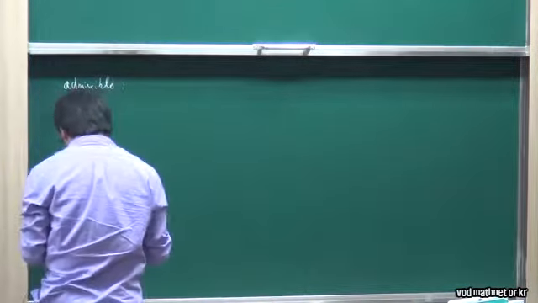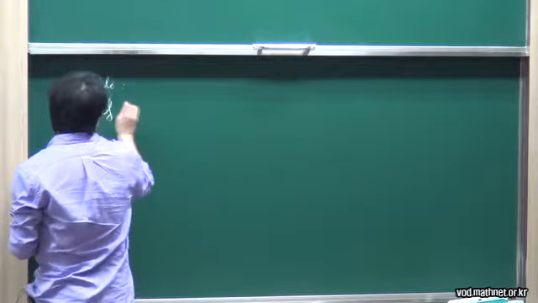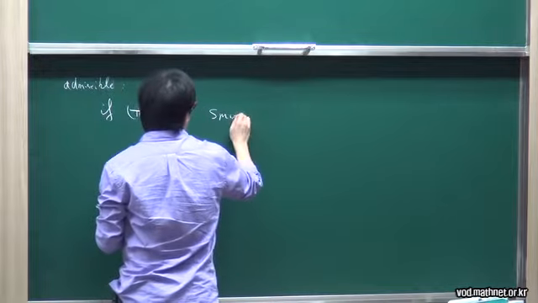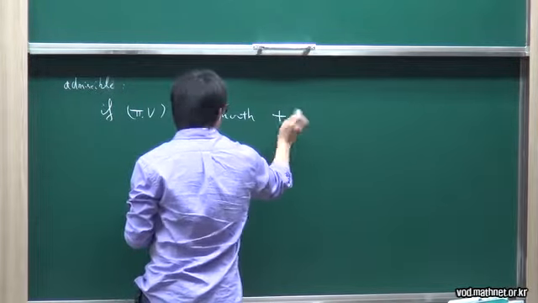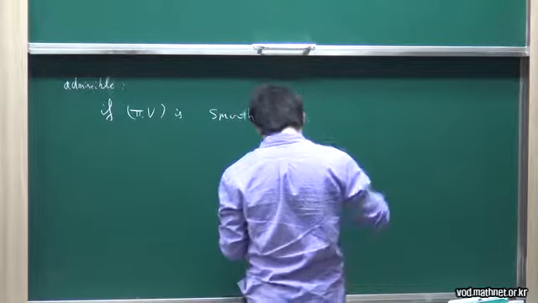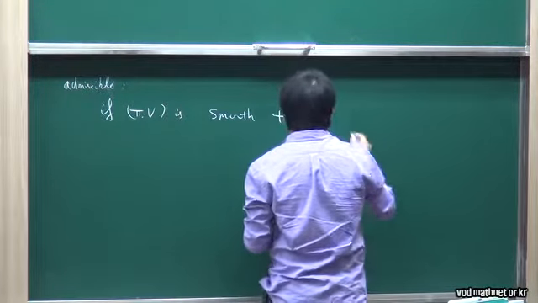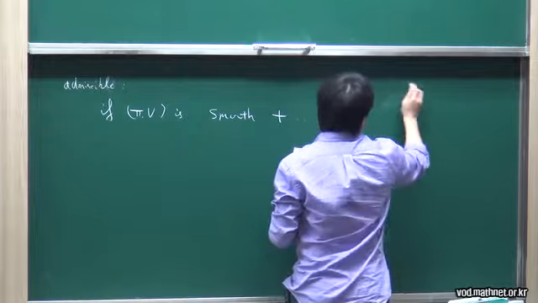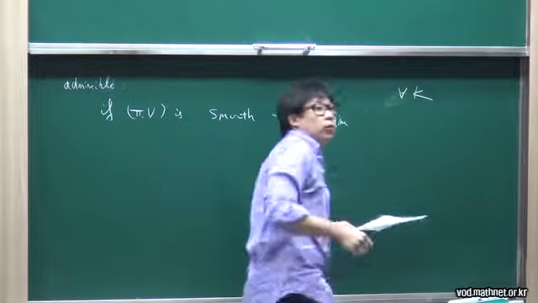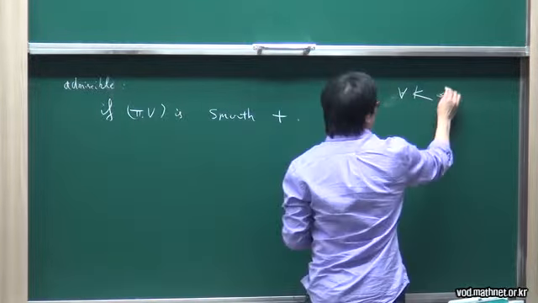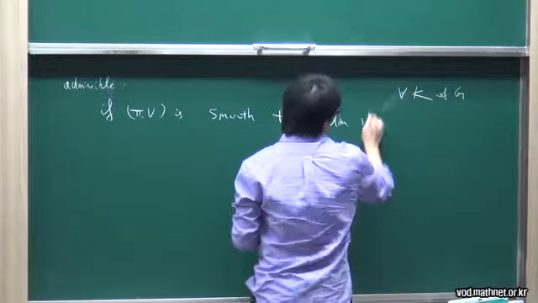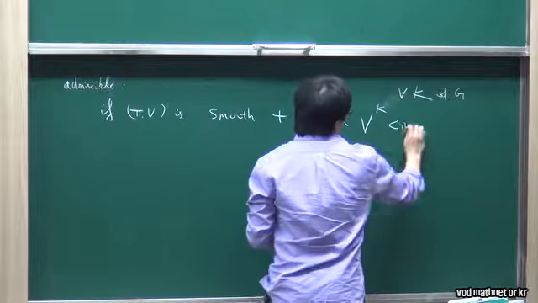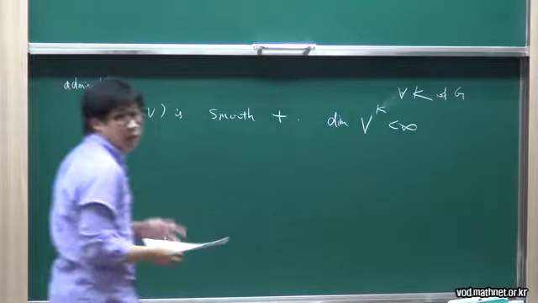You see, if (pi, V) is not only smooth, but the dimension of the space V^K is finite for any open subgroup K of G, we call it admissible.